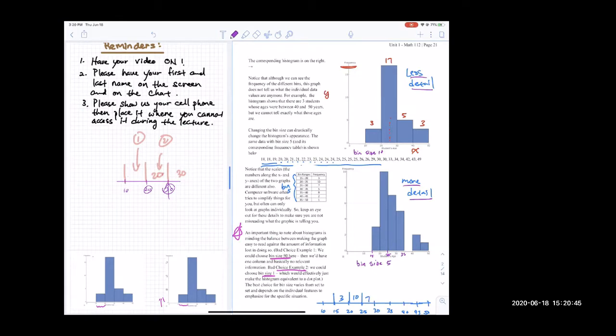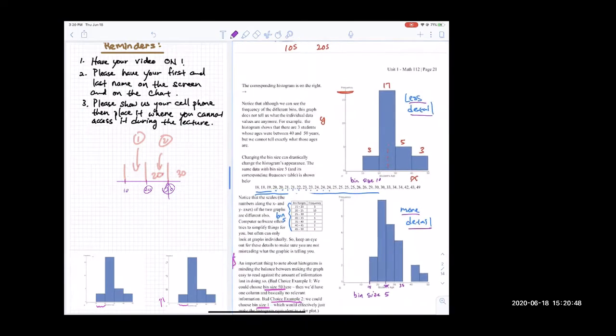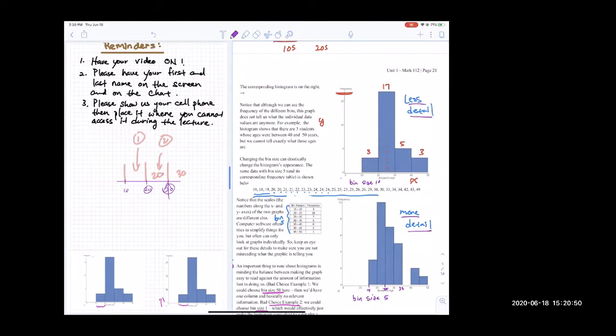Why is it critical? Because when we organize our numerical data, we want to see a good picture of what the distribution is. Then depending on the shape of the distribution, we calculate the center and the measure of spread accordingly.